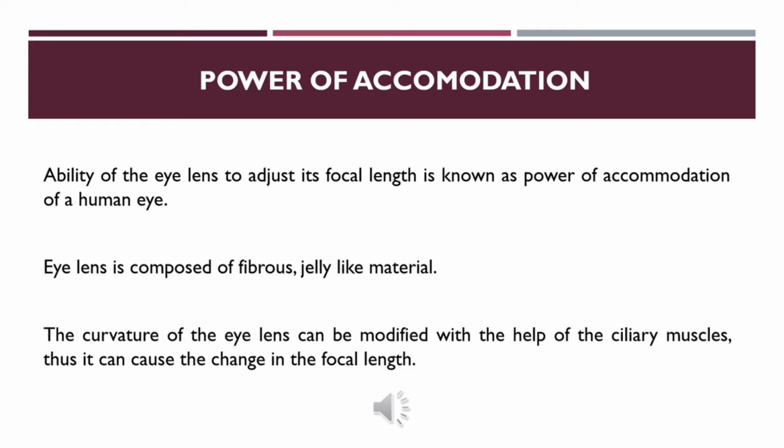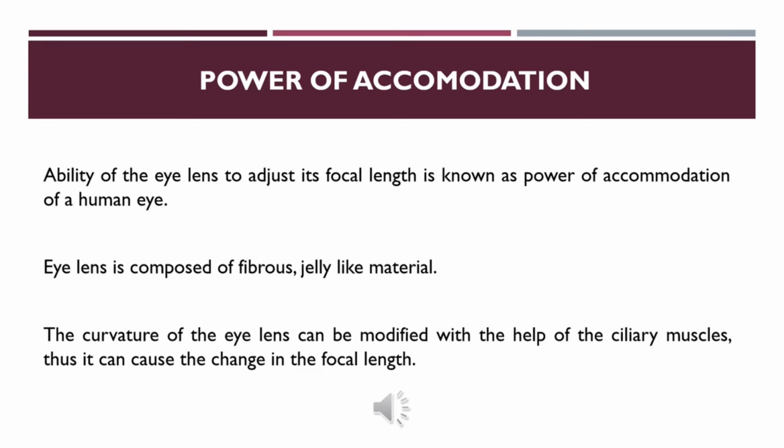If the muscles are in a relaxing state, the lens becomes thin, and thus the focal length increases, and we are able to see distant objects clearly and distinctively. Now, if we want to look at objects that are near to us, the ciliary muscles contract, the curvature of the eye lens increases, and the eye lens becomes thicker.